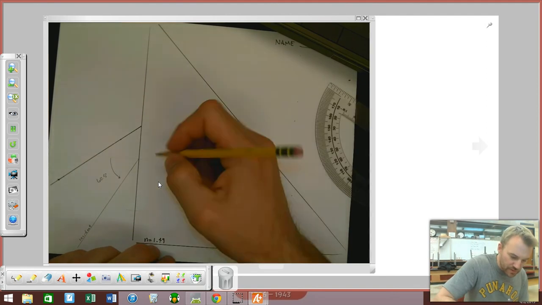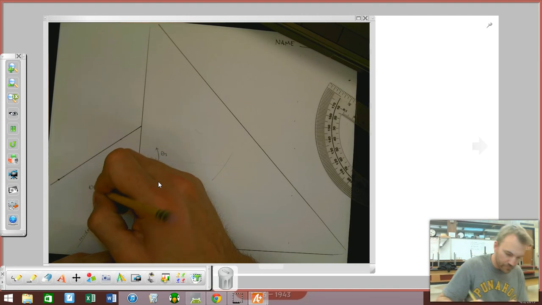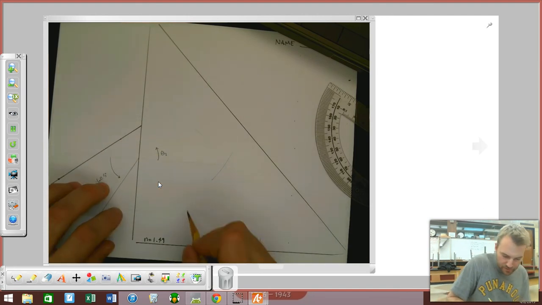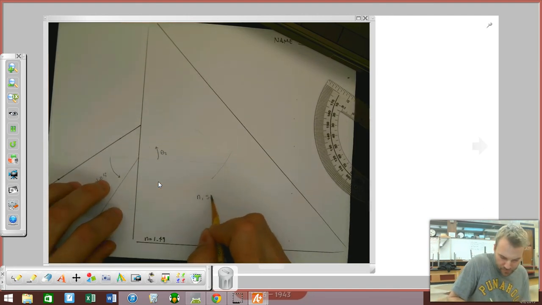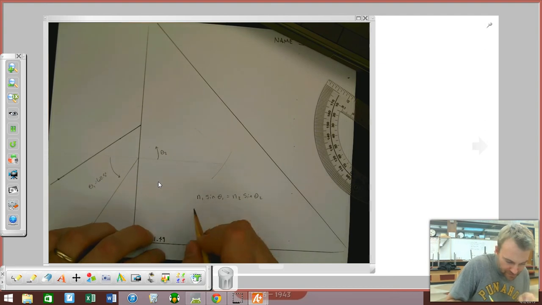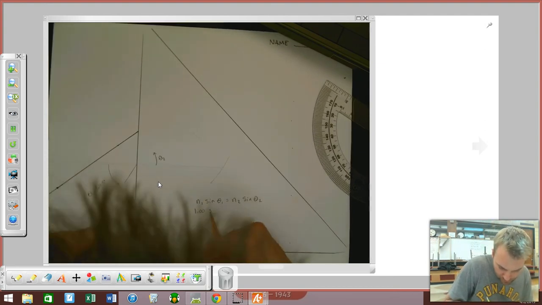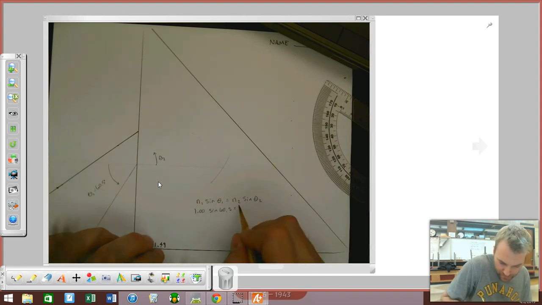Now, theta 2 is always going to be on the opposite side. So I run it through Snell's law. N1 sine theta 1 equals N2 sine theta 2. It's going from air, into my block.